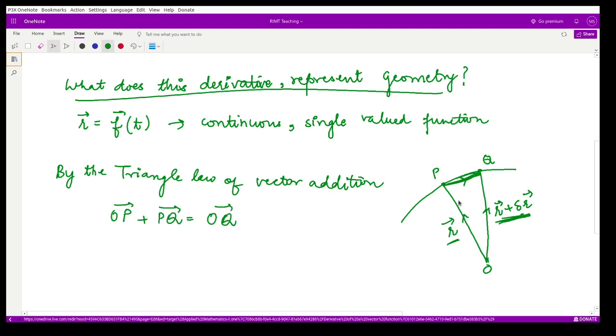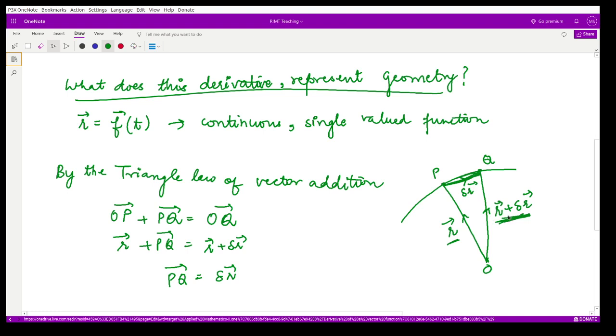So this plus this will give you this. In effect, the sum of all these taken in the same direction would result in a zero vector. The direction for OP is r vector, and OQ is r plus delta r, so from here you obtain the vector PQ as delta r. So we obtain this distance as delta r.